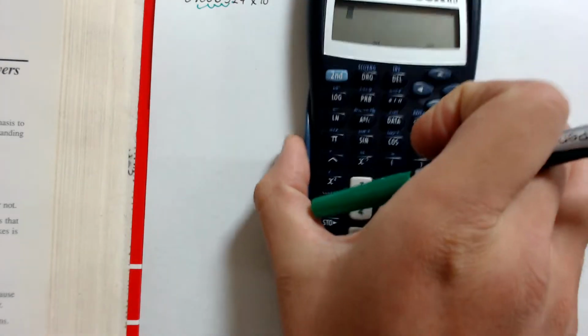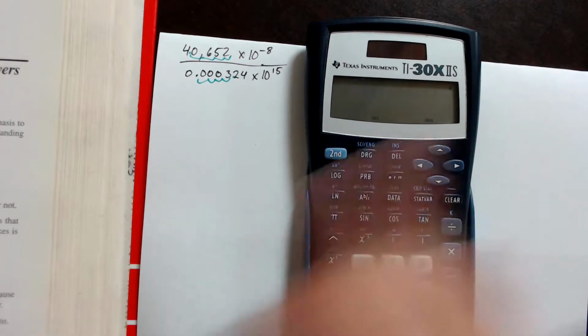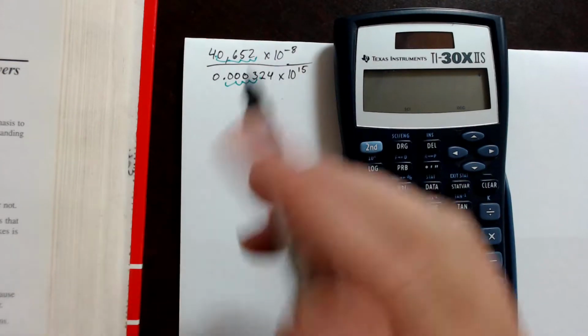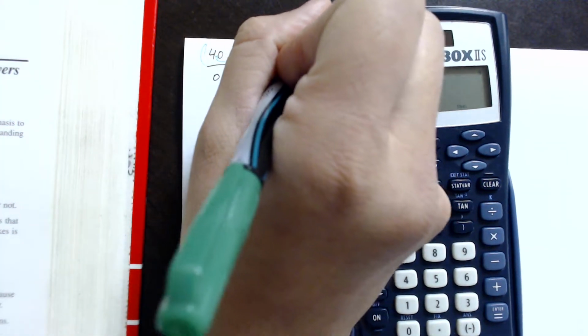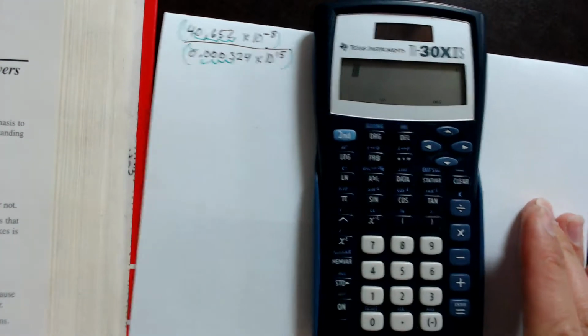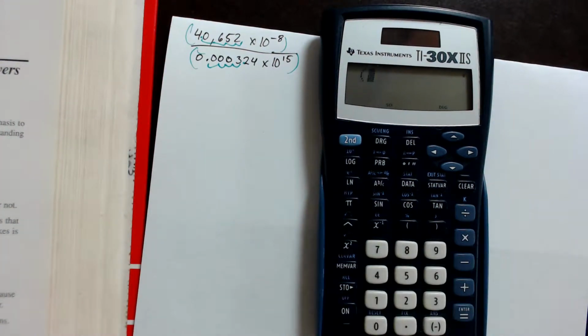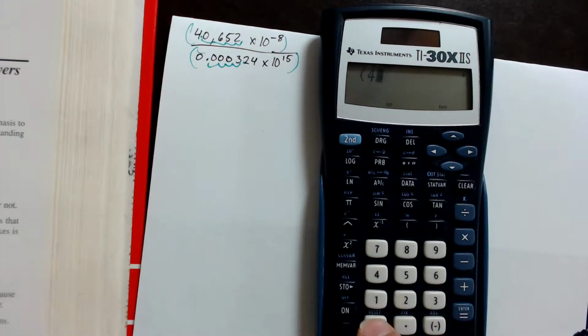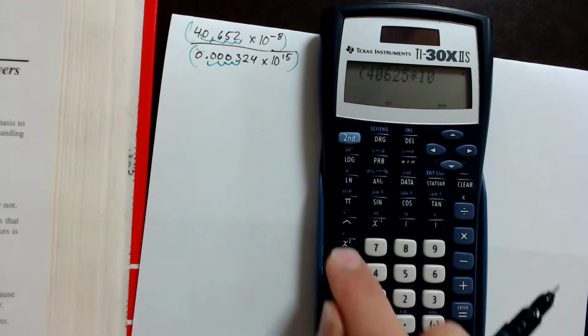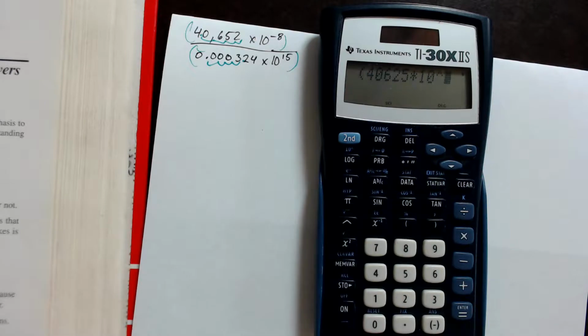From here, I'm just going to enter the problem as I see it on the paper into my calculator, but I'm going to insert my scientific notation portions inside of parentheses. So I'm going to type starting parenthesis 40625 times number 10. Then I'm going to hit this upward caret to do the exponent.